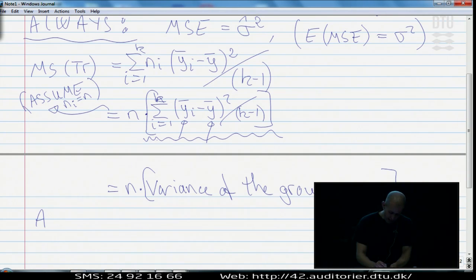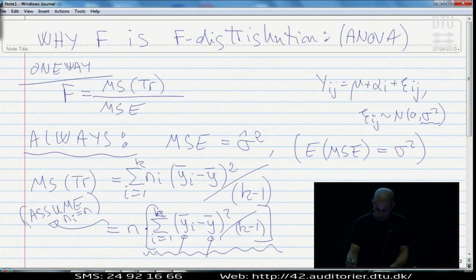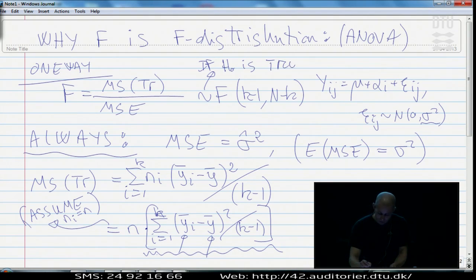Now we should think about what is really the variance of the group means. The claim, the thing that we want to prove, is that this one follows an F distribution with k minus 1 and n minus k degrees of freedom, if the null hypothesis is true, right? That's an important little detail here.